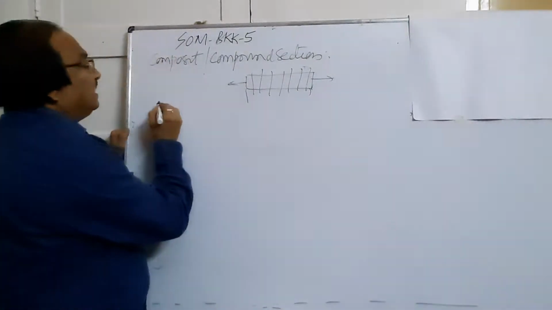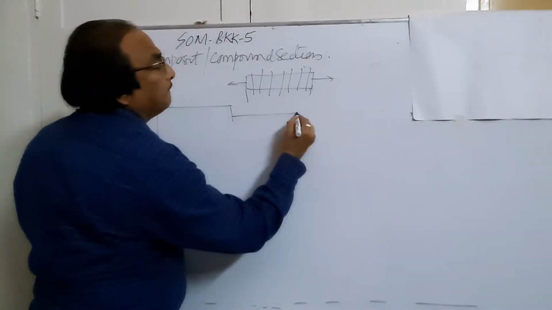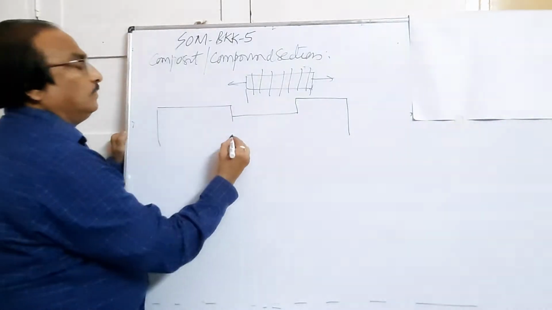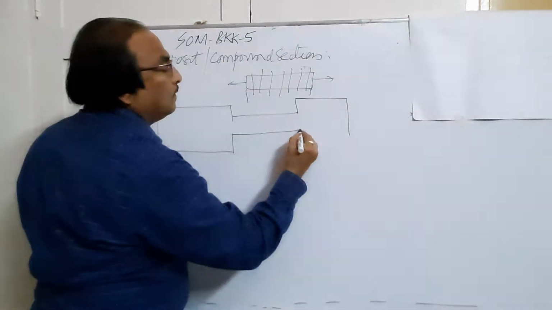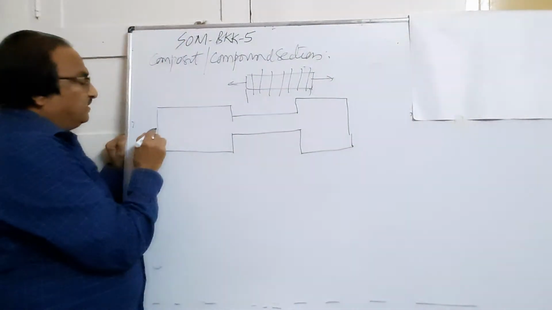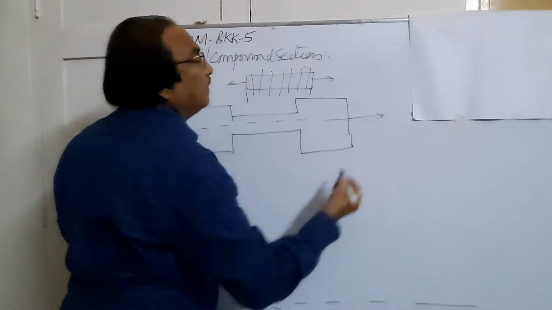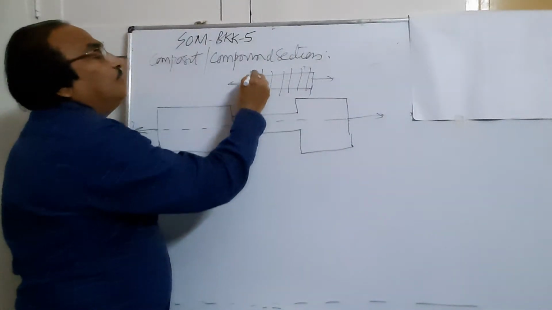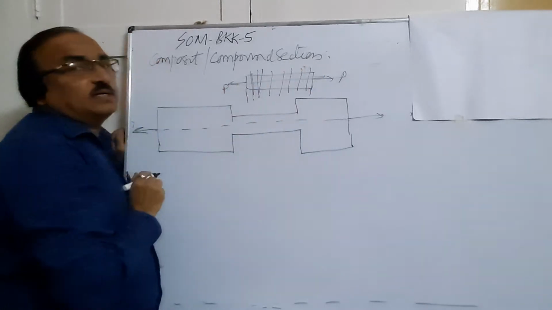Suppose if I take a bar like this, and if I subject it to load along the axis. Now if you compare this figure and this figure, at any point the load remains the same. From one end to another end the load remains same.